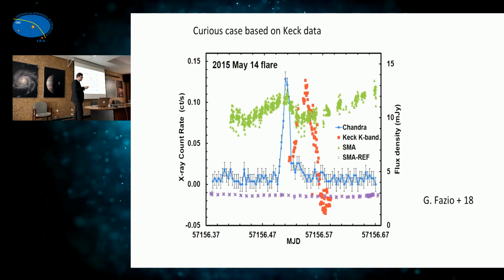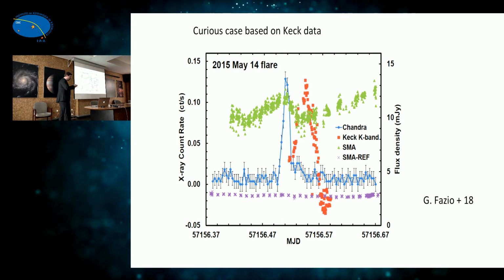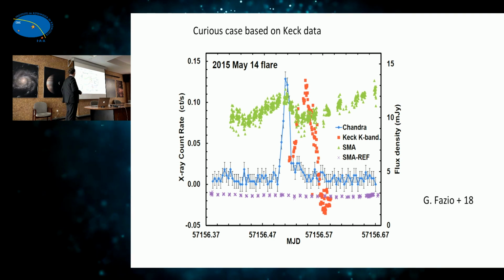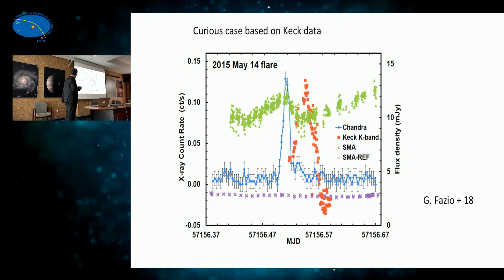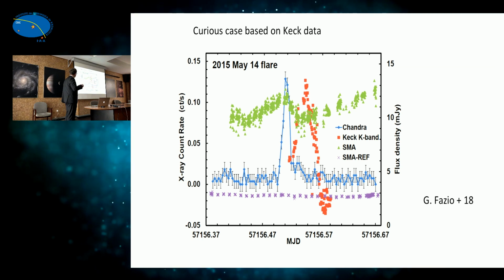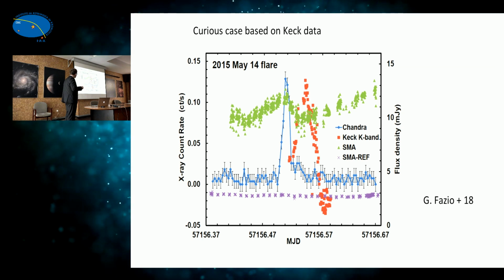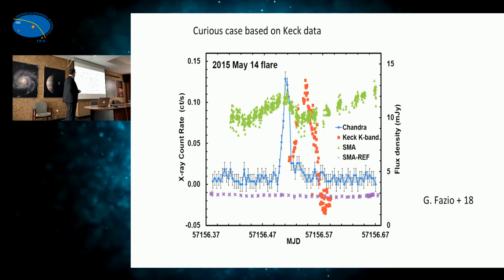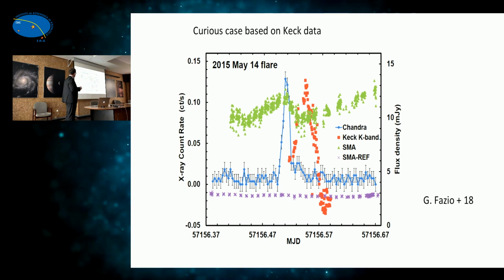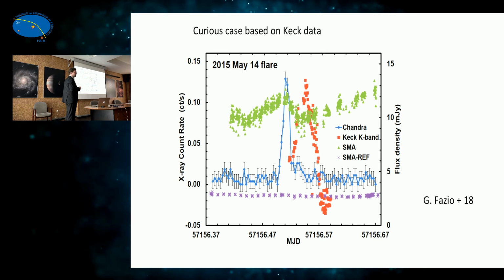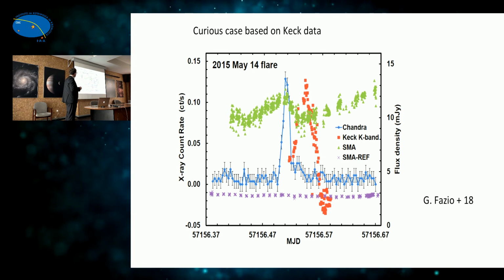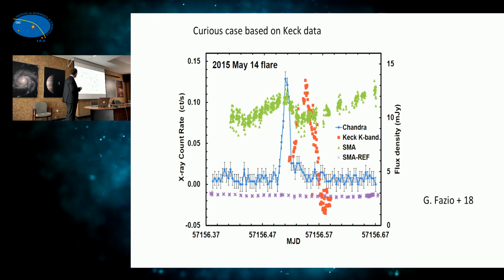We also have another case. This is not including Spitzer, but comes out of our collaboration, where we have a Chandra data set, again SMA, and then a little bit of Keck data. And this sequence was really troubling because, other than expected, we have here a peak that clearly follows the X-ray peak. And for the submillimeter, it's very hard to say if this peak might relate to the infrared or this one.